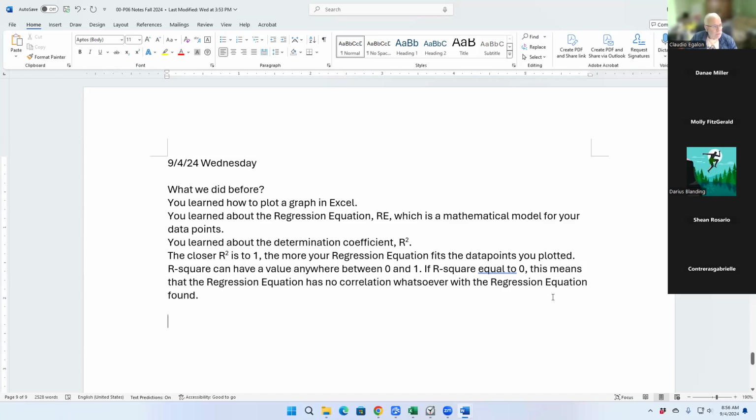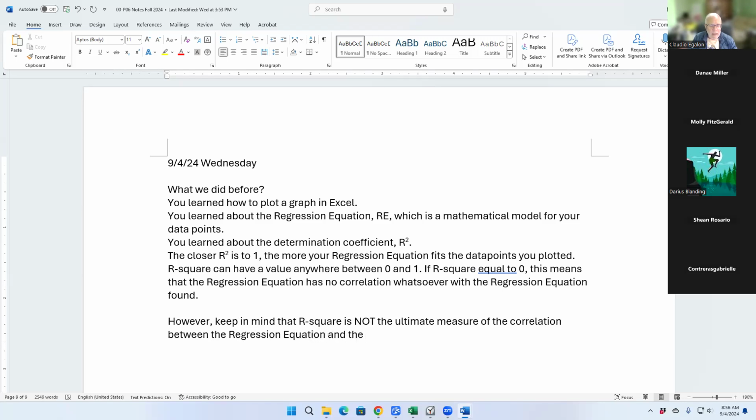I also mentioned that R squared, however, keep in mind, is not the ultimate measure of the correlation between the regression equation and the data points.